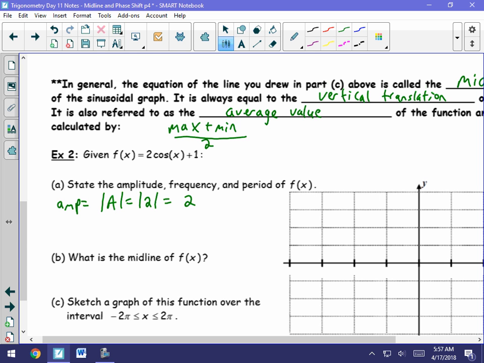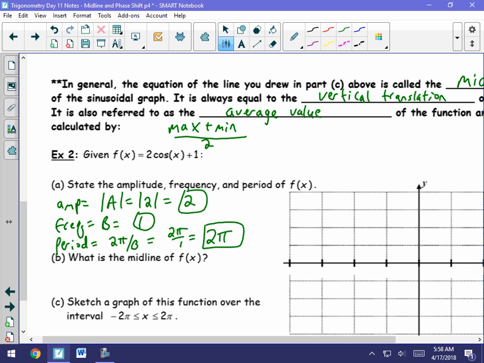Frequency is the value in front of the x, which is 1 in this case, so 1 cycle between 0 and 2 pi. And then the period is the length of one of those cycles. So 2 pi divided by b. So 2 pi over 1 is just 2 pi.